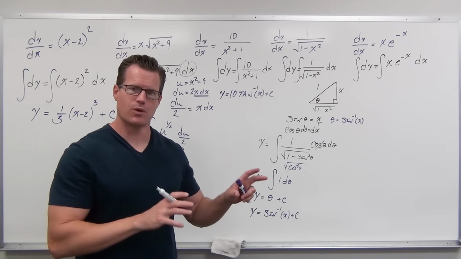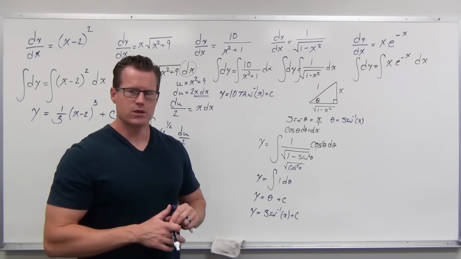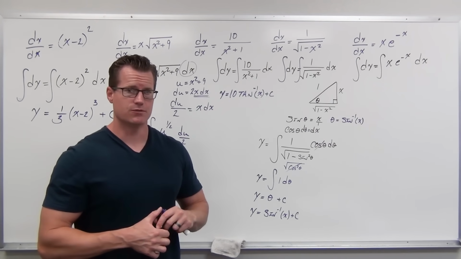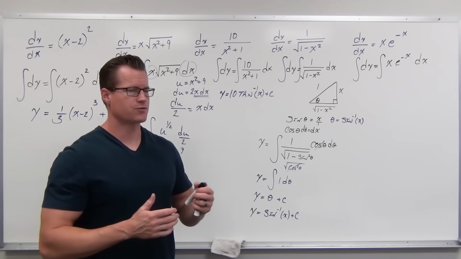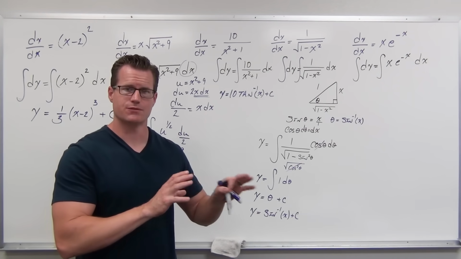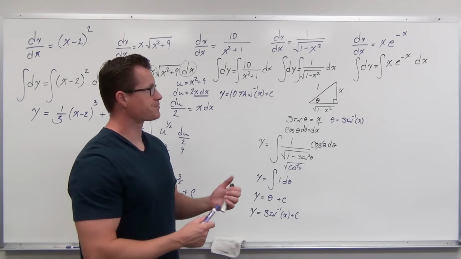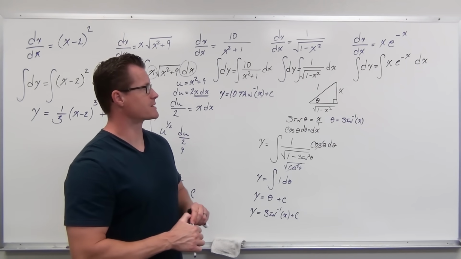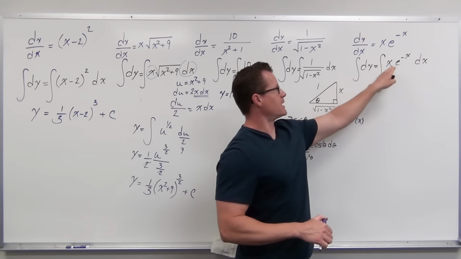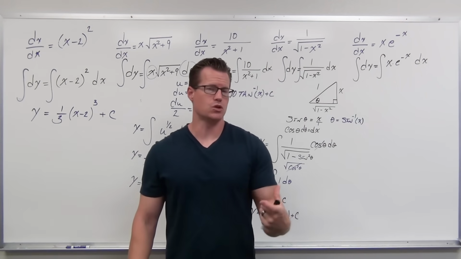Maybe you're dealing with an integration by parts, and that's what we have here. For integration by parts, some people use LIPET, a way to think through what you would take as your u and what you would take as your v. What you want is for the derivative to become easier, and for the integral of what's left over to be possible. So when you're dealing with integration by parts, I'll look at this and say, I need one of these things that are connected by multiplication to become u.